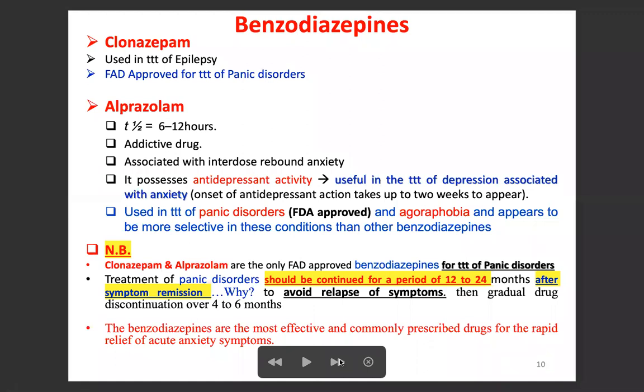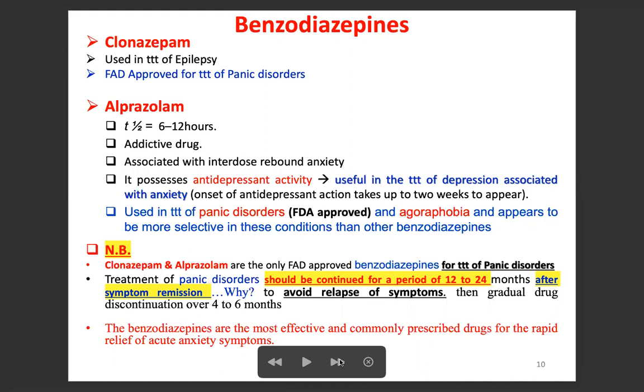Because of relapse, as some symptoms may reappear. That's why the drug should be discontinued gradually over 4 to 6 months.